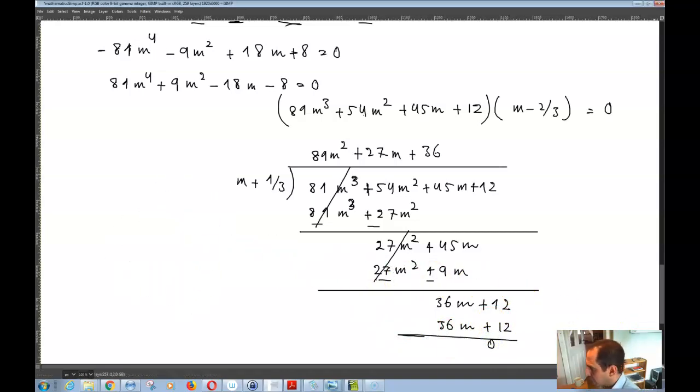So then you can write your polynomial as this polynomial times m plus 1/3, and you have this polynomial as well, m minus 2/3 is equal to 0.